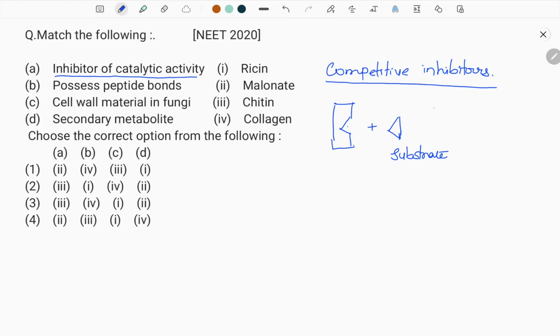What happens here is that there will be an inhibitor that is exactly similar to the substrate. It is called a competitive inhibitor.